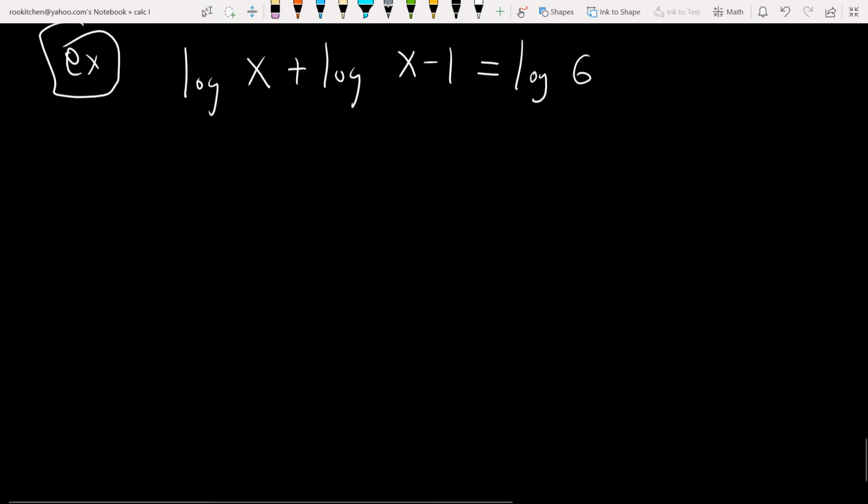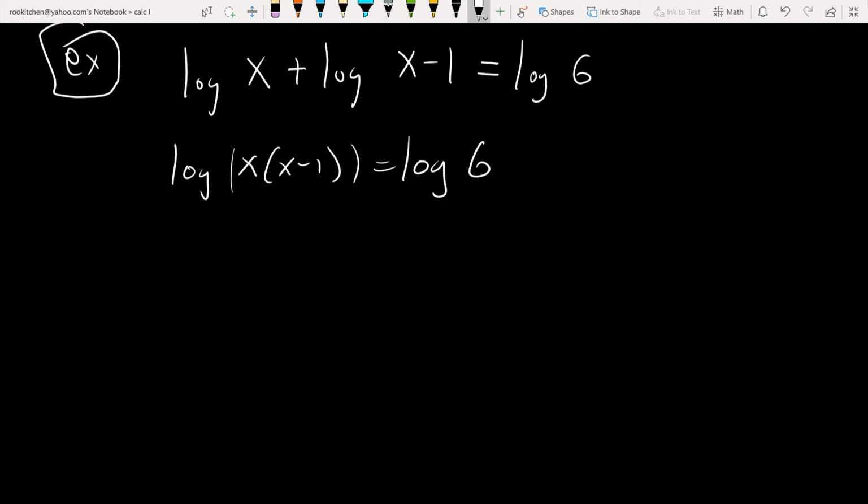Okay. So first, I'm going to use the properties of logs here. So I get log of x times (x minus 1) equals log of 6.